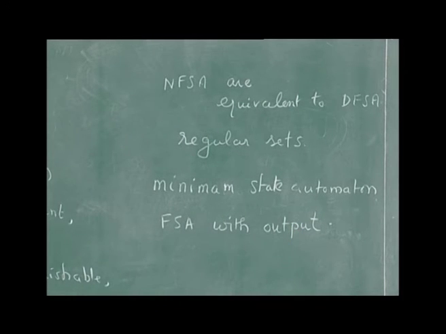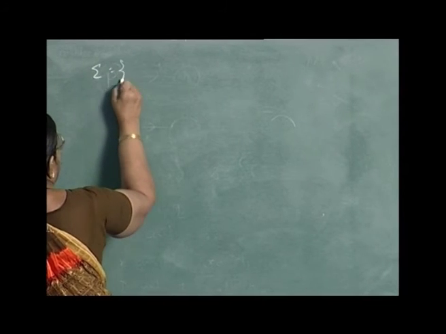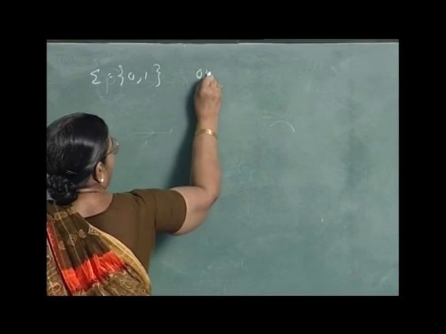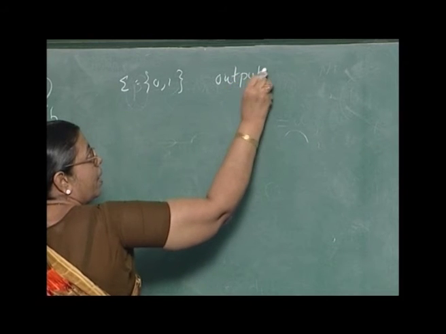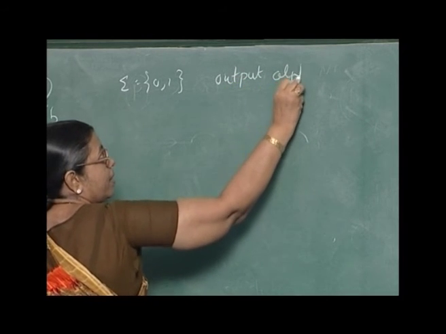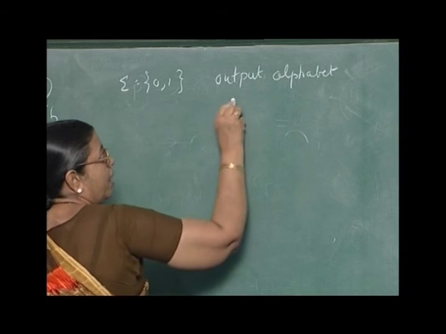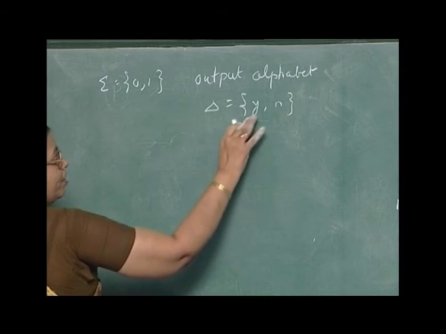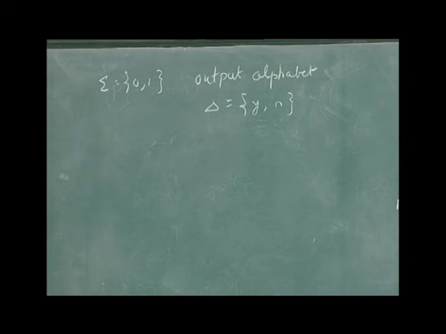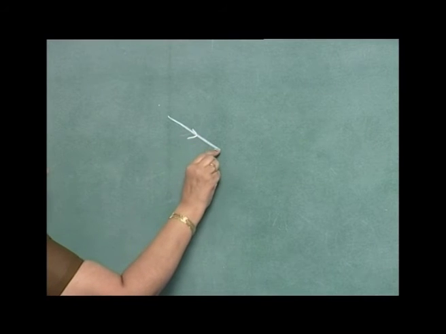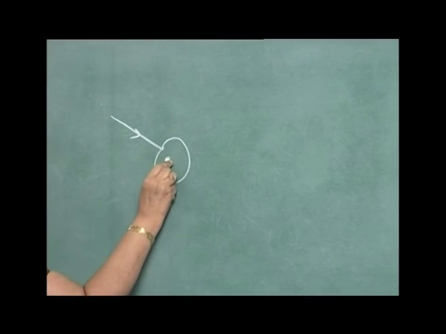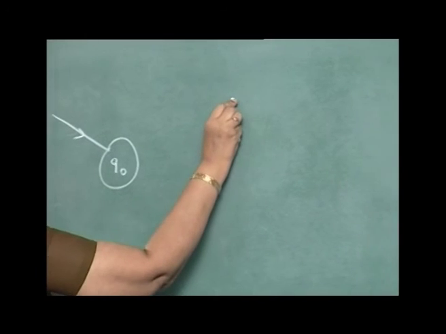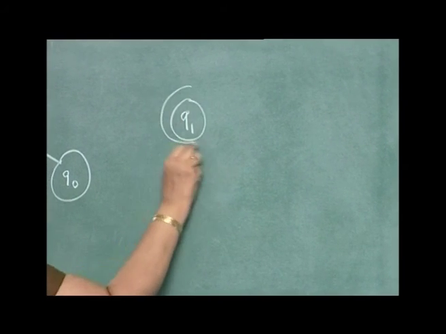For example, you can consider this one with an input alphabet sigma is equal to 0 1 and output alphabet delta is equal to yes or no. The string will be accepted means you say yes, if it is not accepted you say no, and any string ending with 2 zeros will be accepted and any string ending with 2 ones will be accepted, otherwise it will not be accepted.